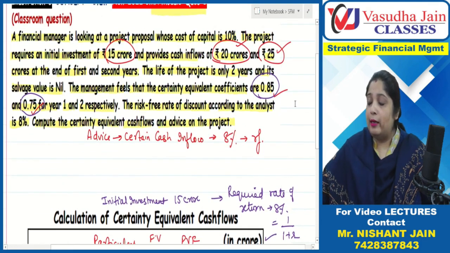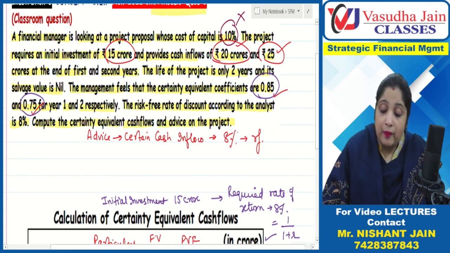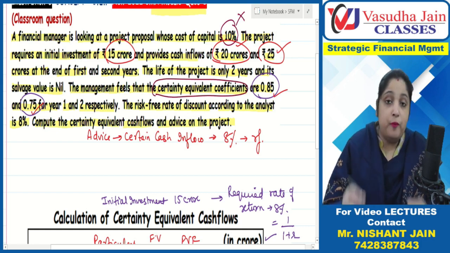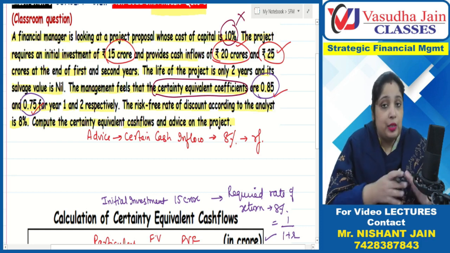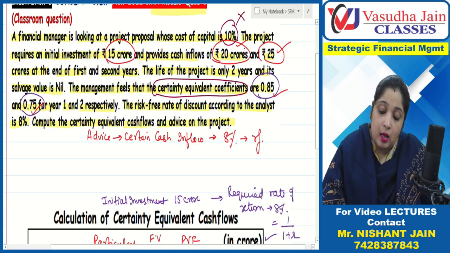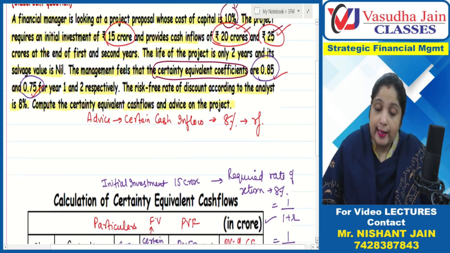You just have to understand that the cost of capital given was 10%, but we are not going to use this information. Why? Because we have been given the certainty equivalent factor, the coefficient. You can see here. So they are trying to tell you to focus on certain cash inflows instead of uncertain cash flows. These are uncertain cash flows, but when we multiply with coefficient factors, we are getting certain cash flows.